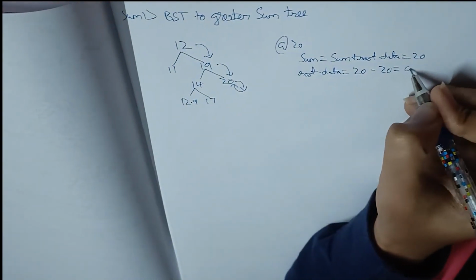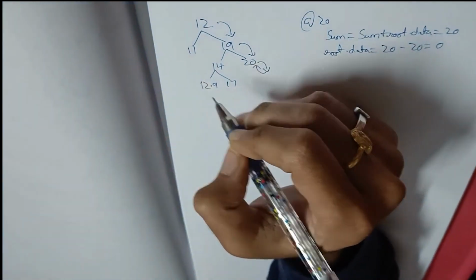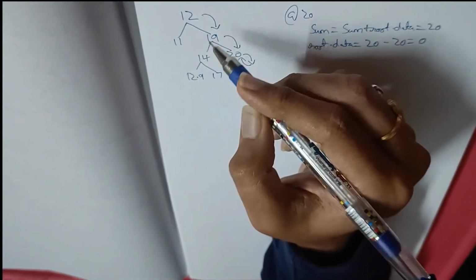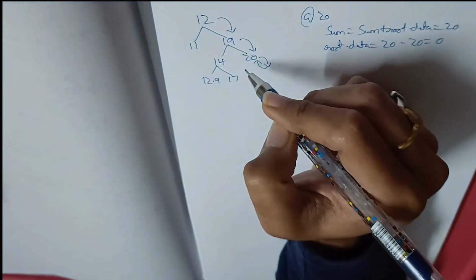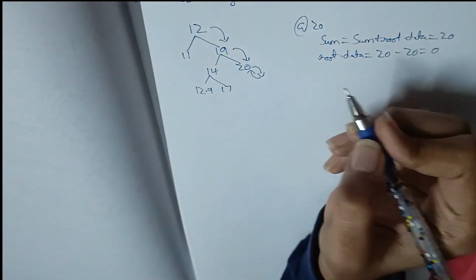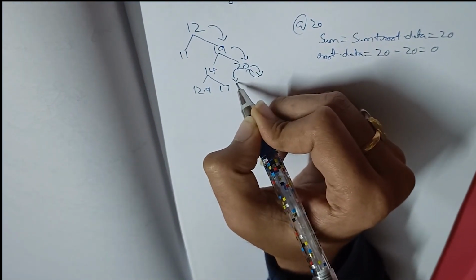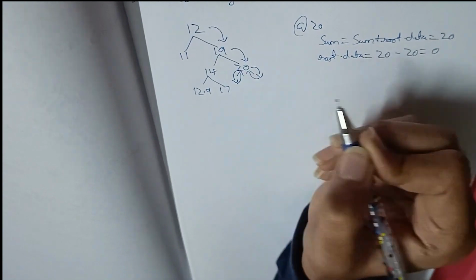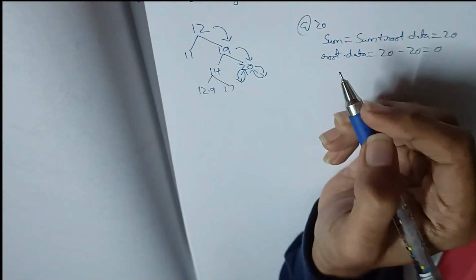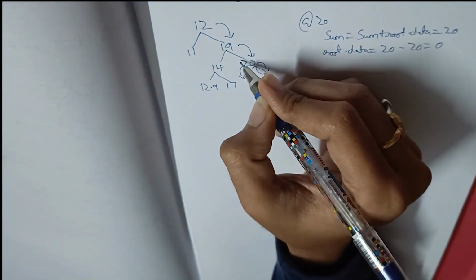So root.data is 0. What this means is there is no node in the binary tree that's greater than the value 20. So the value of 20 is automatically going to be 0. And now the control passes to the left subtree of 20, and since that's non-existent, the control reverts back to 20. So after going back to 20, the control goes back to 19.